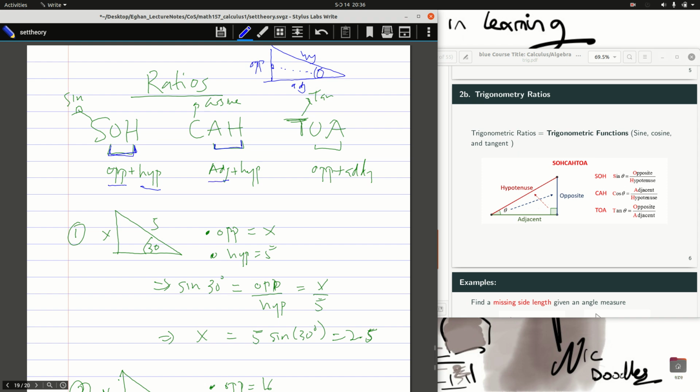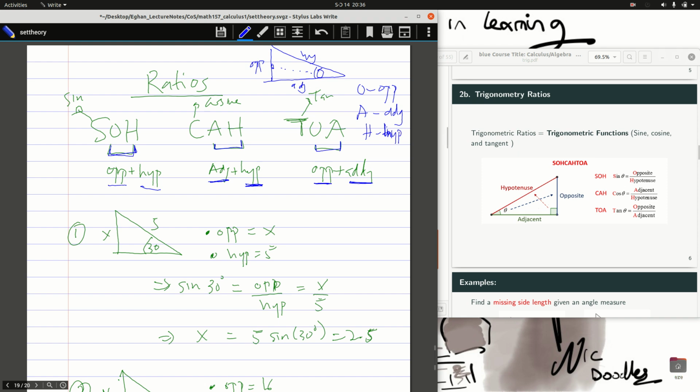Cosine uses adjacent, A for adjacent, H for hypotenuse. TOA means T for tangent, O for opposite, A for adjacent. So O for opposite, A for adjacent, H for hypotenuse. That is how life is.